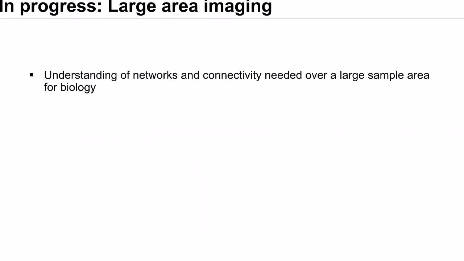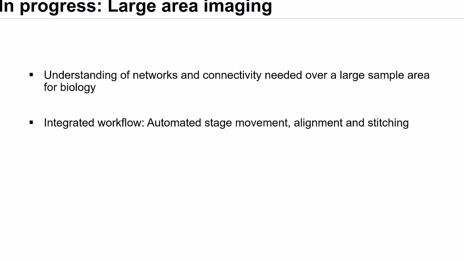And that brings me to a project that we are currently working on, which is for large area imaging. In biology, it's important to have an understanding of networks and connectivity over a large sample area. And for this, we are developing an integrated workflow, which includes automated stage movement, automated alignment, as well as stitching. So the goal is to be able to achieve, in an automated fashion, something like this.